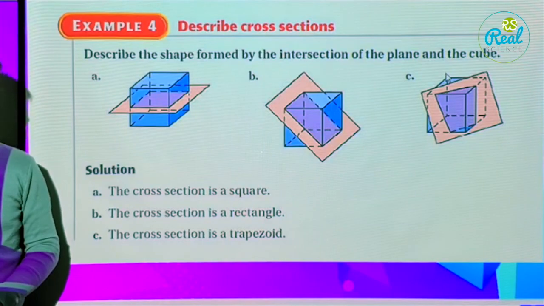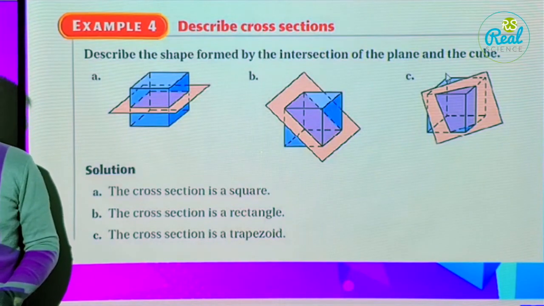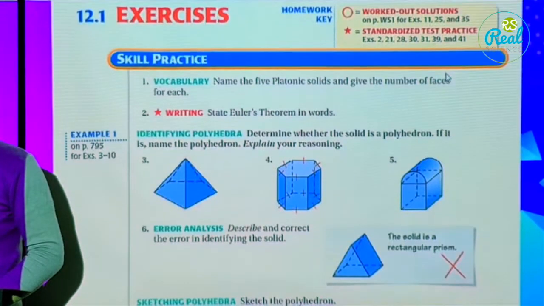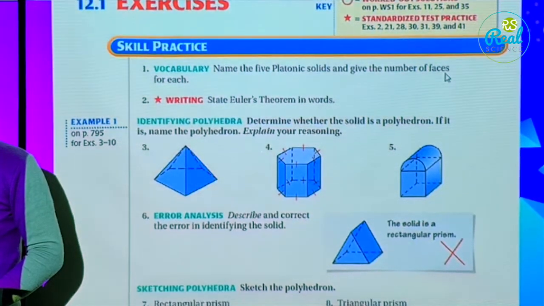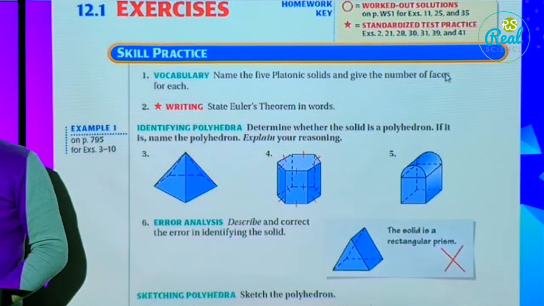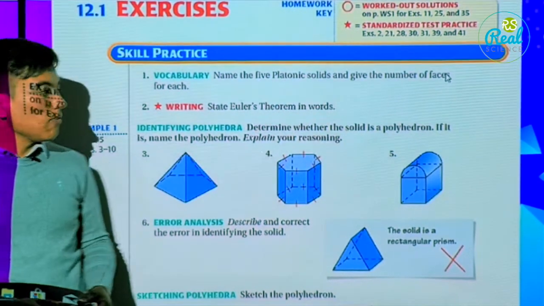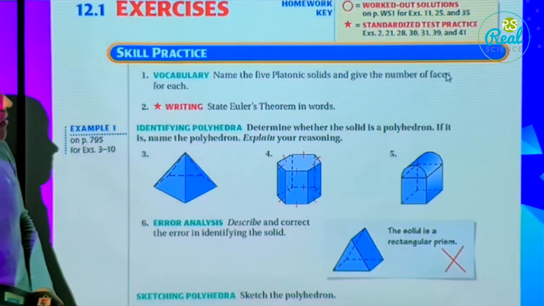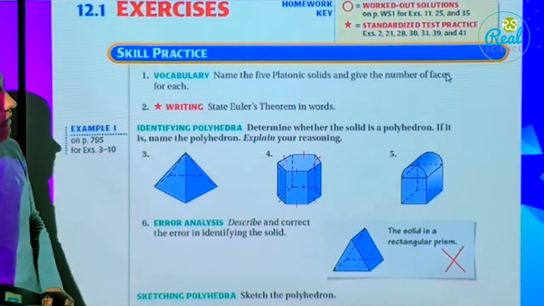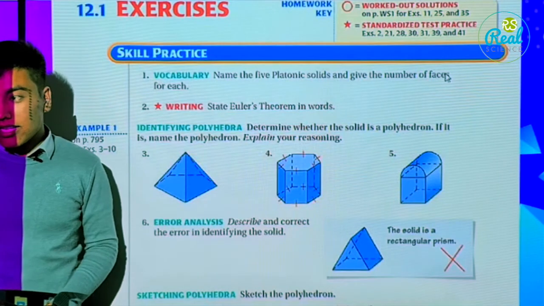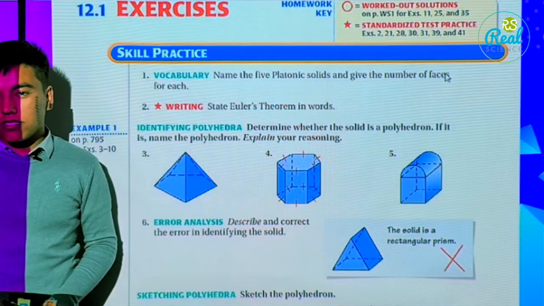So, up to now, was it understandable? Identifying polyhedra. Now again exercises, skill practice. Name the 5 Platonic solids and give the number of faces for each. What actually are the Platonic solids?